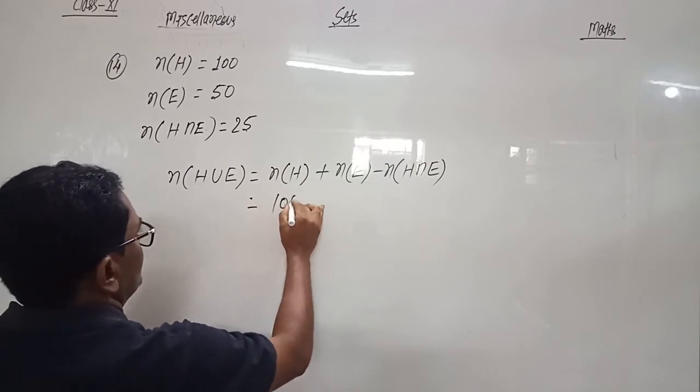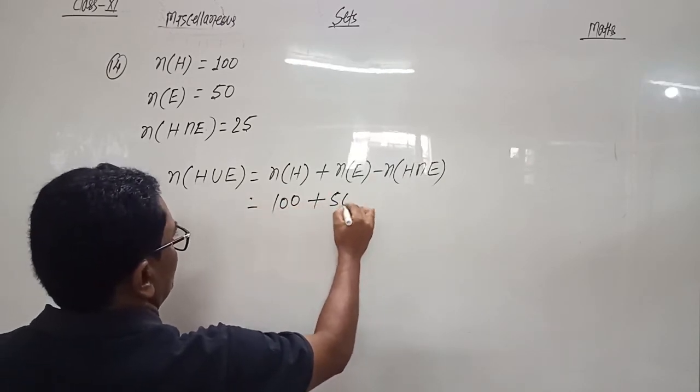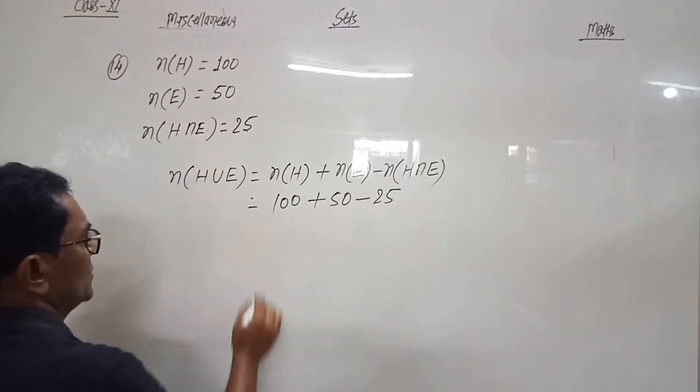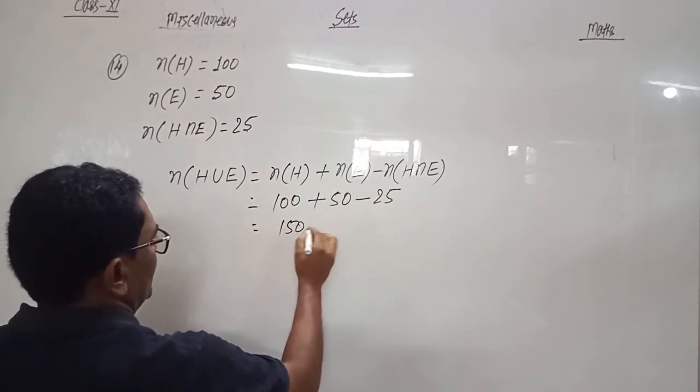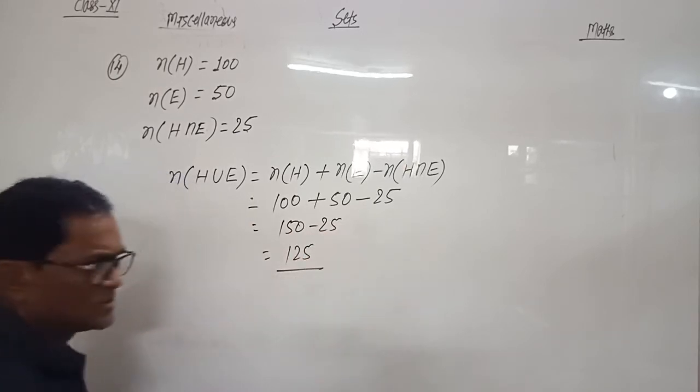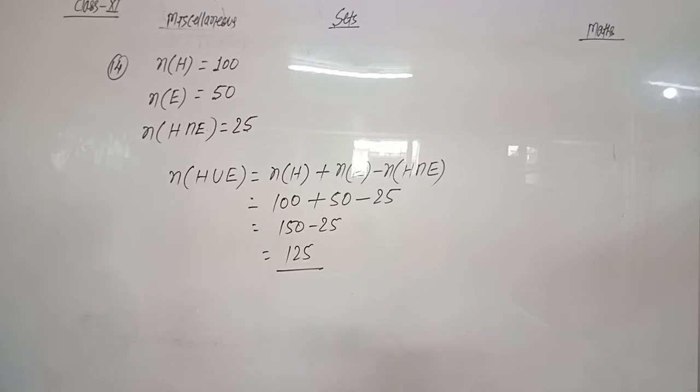So N of H is 100, N of E is 50, and N of H intersection E is 25. So 150 minus 25, the result we get is 125 students. So the total number of students in the group is 125.